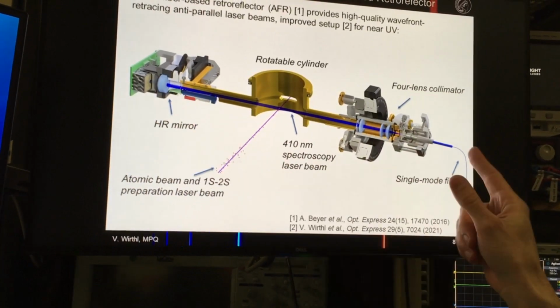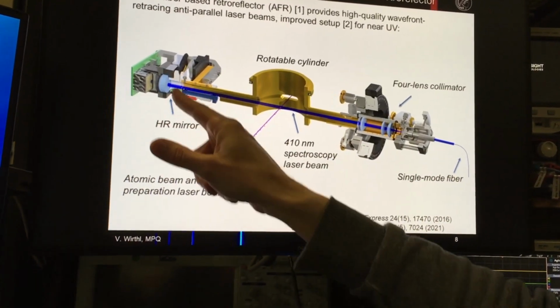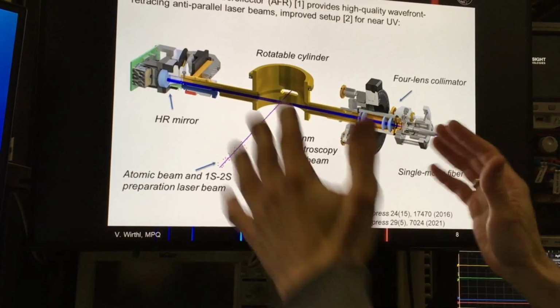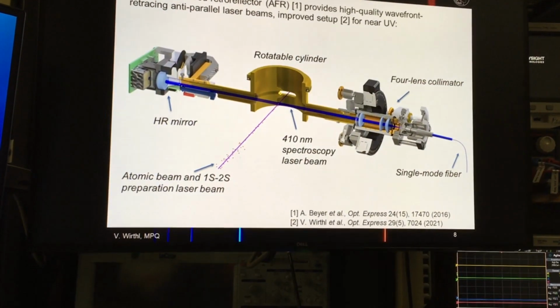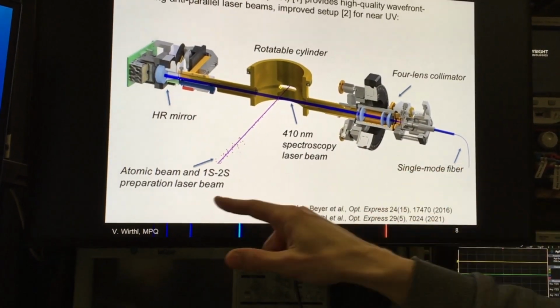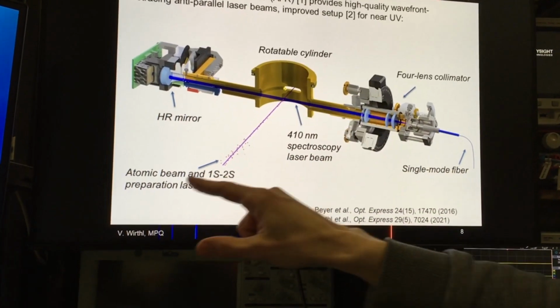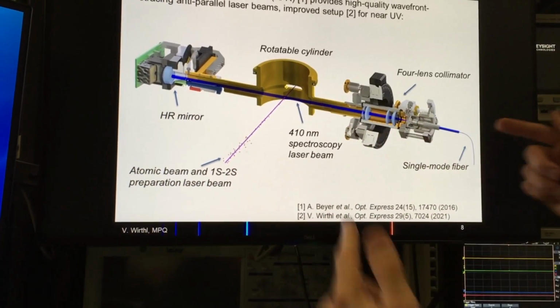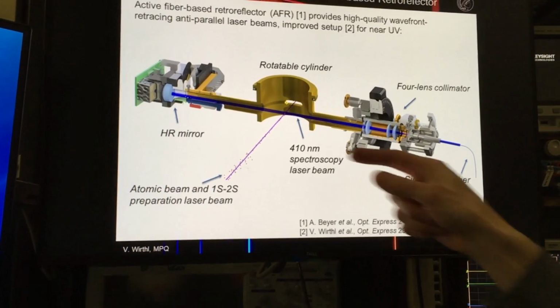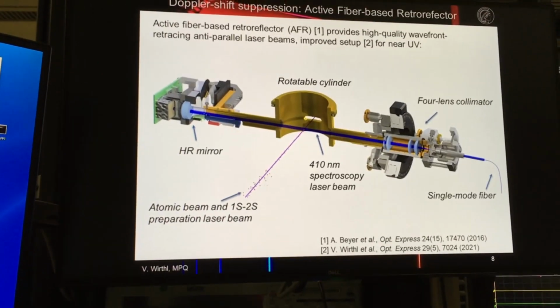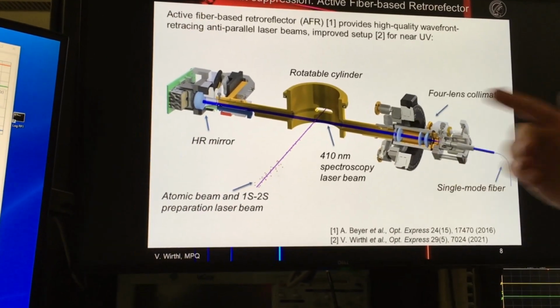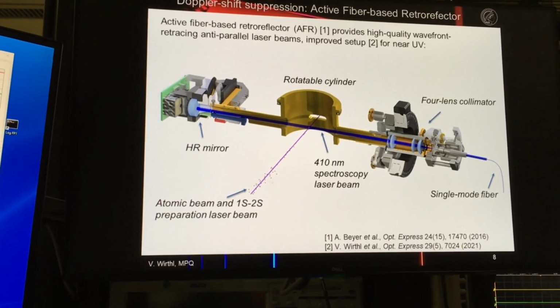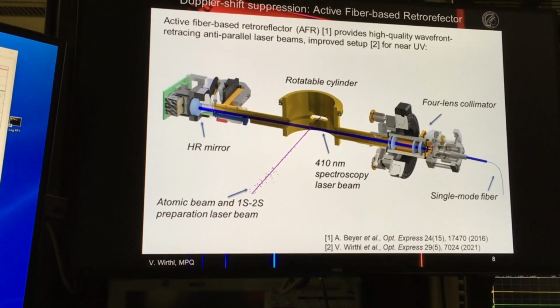And we retroreflect the beam into itself by using this HR mirror on the other side. And we can rotate the whole setup precisely. And yeah, here we have the atomic beam and 1s/2s preparation laser beam, which cross the 410 nanometer 2s/6p excitation laser at approximately an angle of 90 degrees, which we control as good as possible.